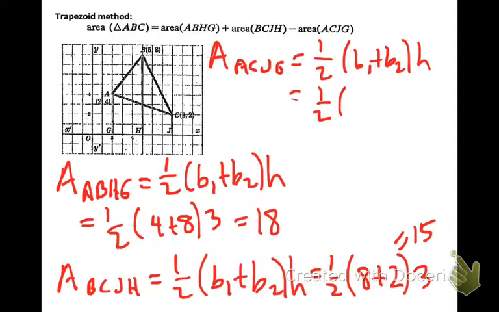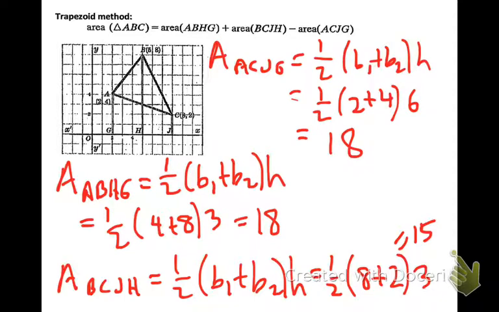Lexi Nash? Okay, one of the bases is 2. What's another base? Emma? 4. And what's my height going to be? Carmen? 6. Good. All right, so that's going to equal 18. Right?